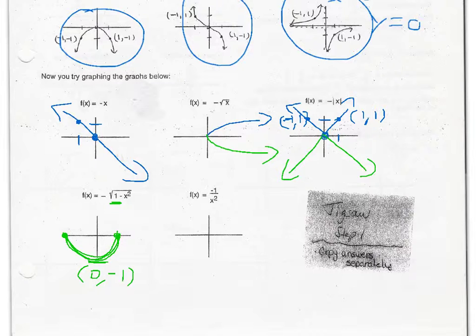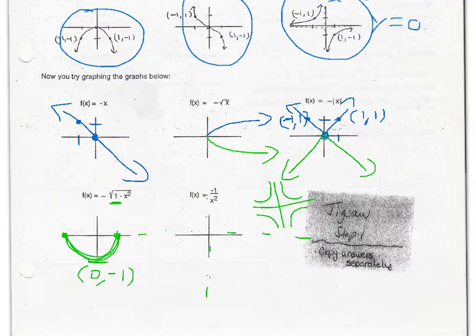Okay, the last one. This is where you get the Atari shape. Now, I'm just going to put this off to the side. The Atari shape looks like this. So now I put the negative in, it's going to flip, and this is what it's going to look like. They're both going to be in the bottom. I'm going to put the little dotted lines here. You're still going to get y equals 0 and x equals 0 for the VA and HA, but your graphs are going to look like this.